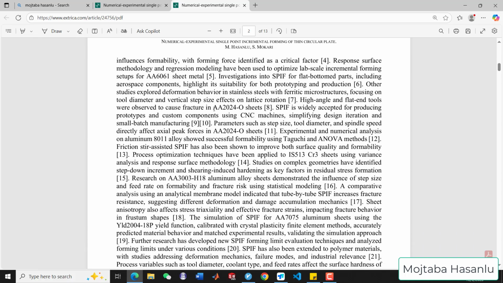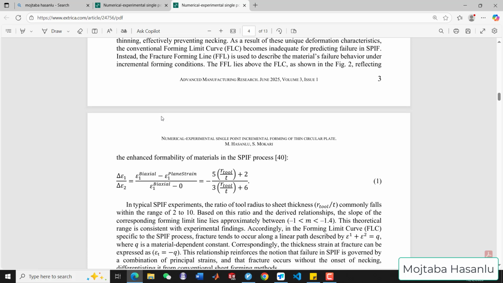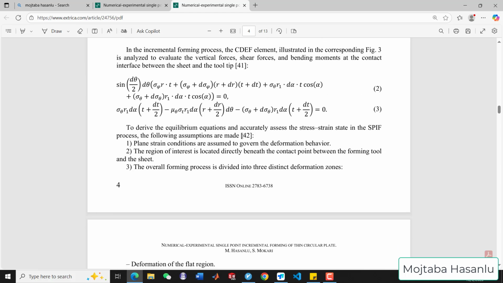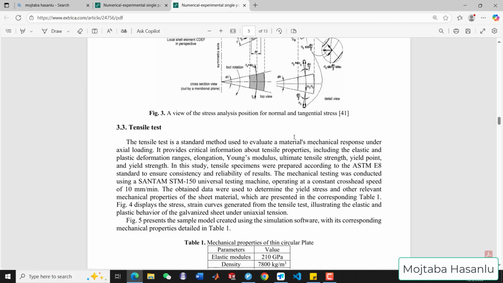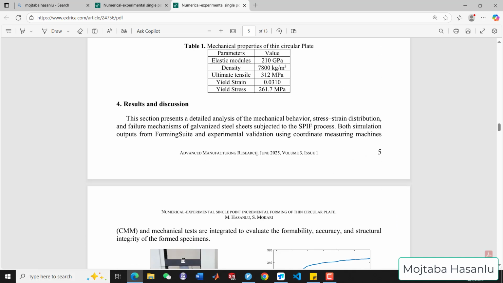So the next subpart is, for example, formability limit. Yes, this is the first equation, and talk about the other equations by figures. And the variables, for example, constants used in this research paper.